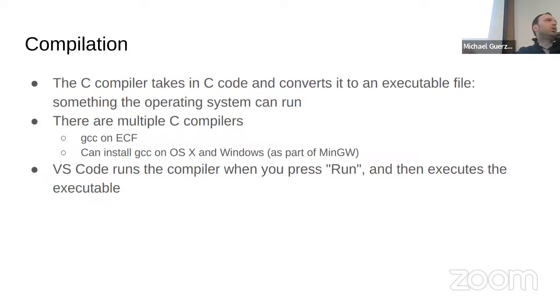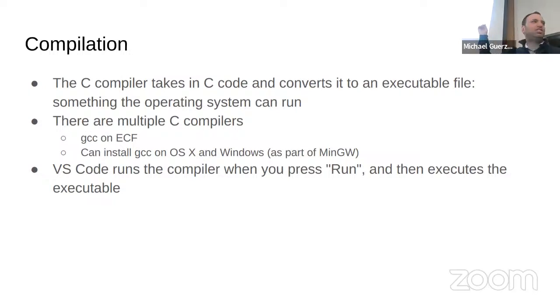You can install it in Windows with medium levels of difficulty, which is why this year I actually suggested that people remote connect to ECF. But if you want, you can install MinGW. It works some of the time. It's a little bit annoying. Like the remote connection to ECF is also a little bit annoying, comparably so.